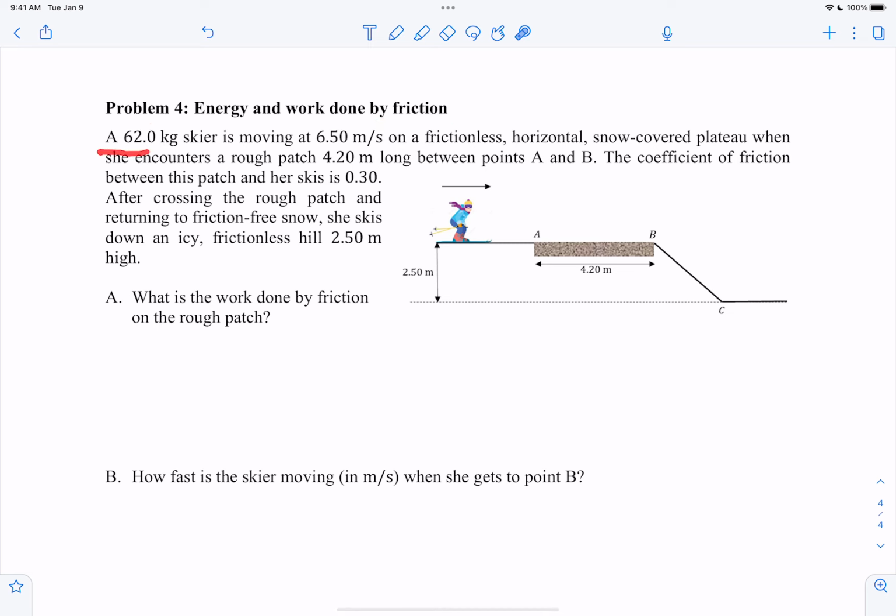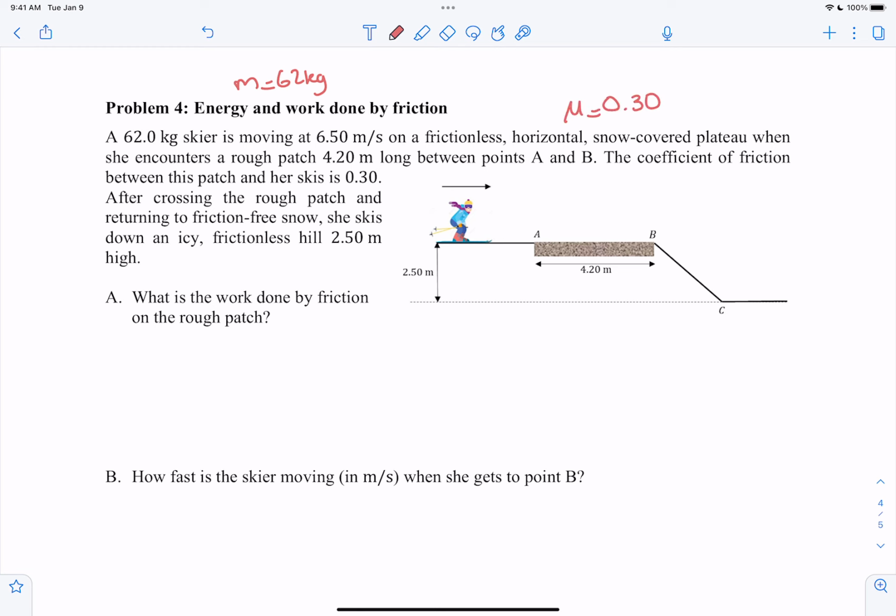So we have a 62 kilogram skier, so the mass of the skier is 62 kilograms, moving at 6.5 meters per second on a frictionless, horizontal, snow-covered plateau when she encounters a rough patch 4.2 meters long between points A and B. The coefficient of friction is 0.3.